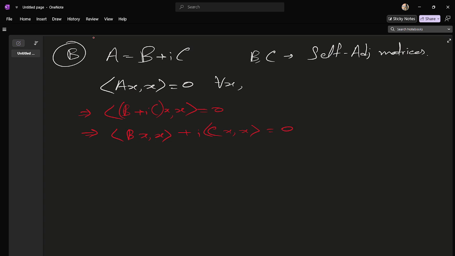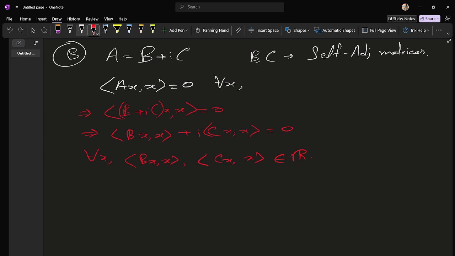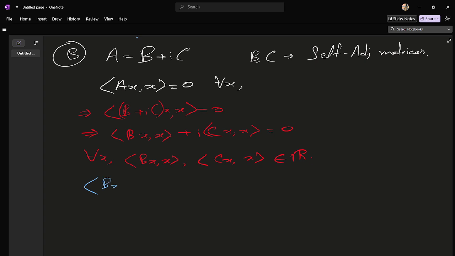Now for all x, these inner products Bx, x and Cx, x belong to R, since B and C are self-adjoint. Thus, Bx, x and Cx, x both will be 0 for all x.